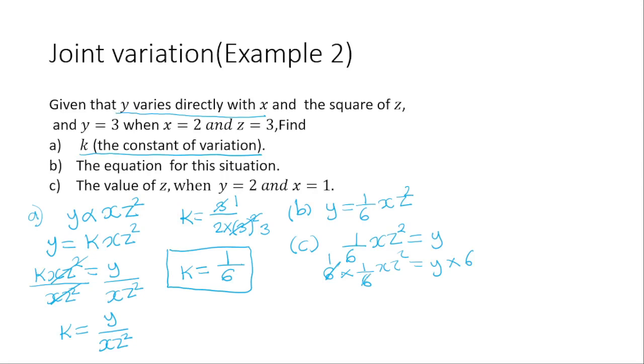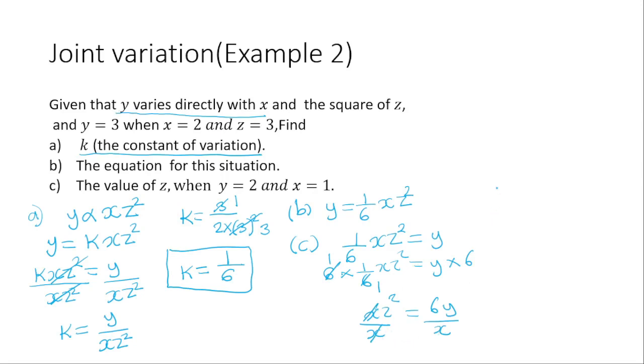6 goes, so you have this situation. This is a square, so you have 6y. We just want to have the z term on the left hand side. We divide x on both sides. So what we are going to have is x cancelling out.